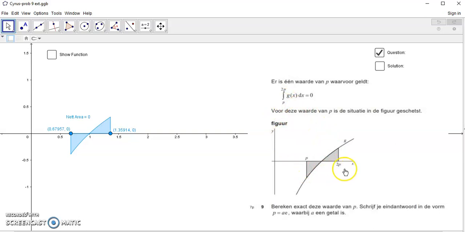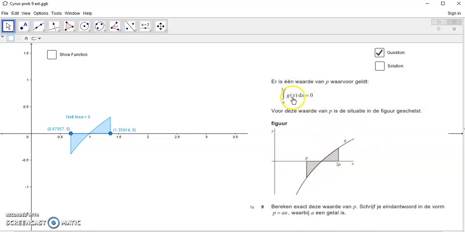So if you're not very careful, you might think that p is this distance and 2p is this distance, because it's one way you could interpret it, right? But it turns out that that's not the case. This p is actually the distance from the origin, and this distance here is 2p. And of course that makes more sense because this distance here appears to be twice this length. So a little ambiguity there, not much.